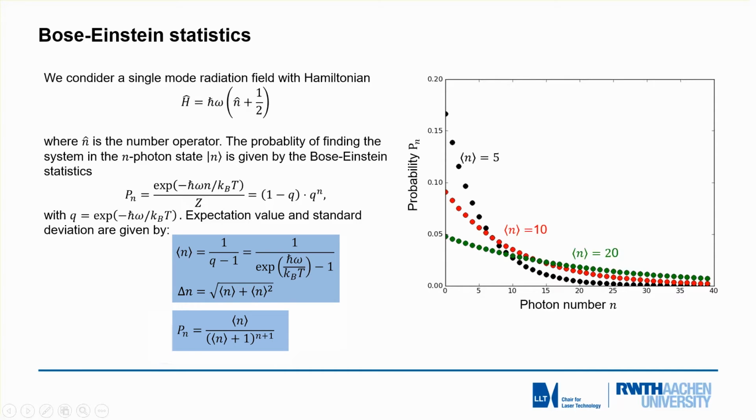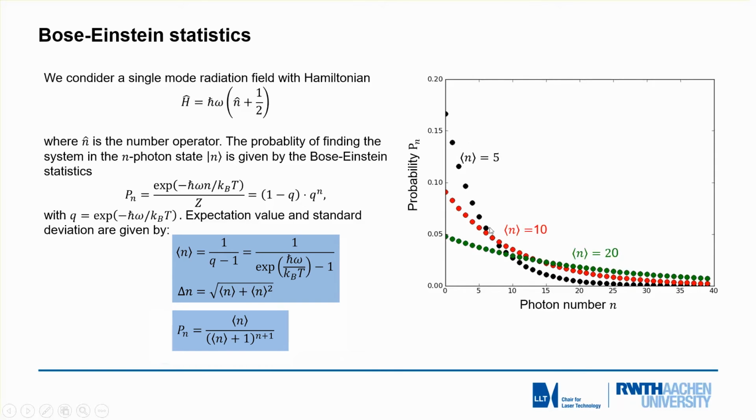And if we look at the average number of photons in a specific state, this may remind you of Planck's formula, where we have exactly the statistics 1 over e to the h bar omega over kBT minus 1, which is the Bose-Einstein distribution. If you plot now the probability to measure n photons over the number of photons, then the highest probability is to measure no photon at all, and the probability distribution increases with small average number of photons.